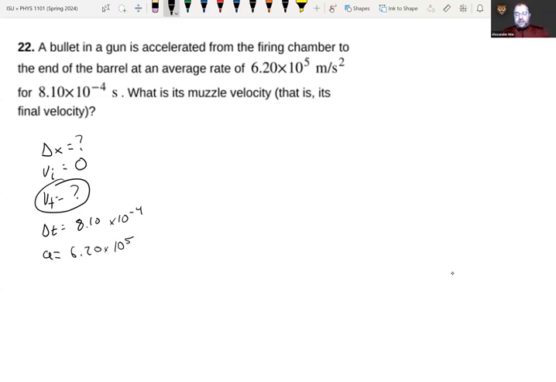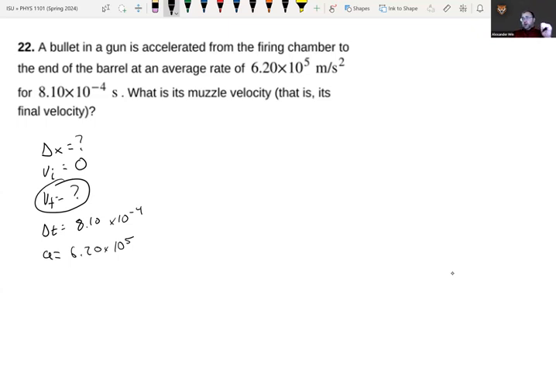Now, the point here is that usually in these problems, you'll be given or be able to figure out 3 of the kinematics quantities, and you'll need to solve for the 4th one.